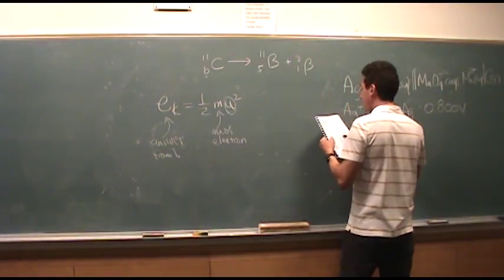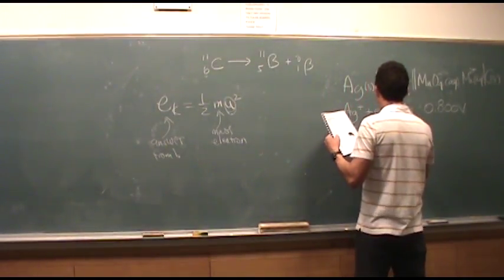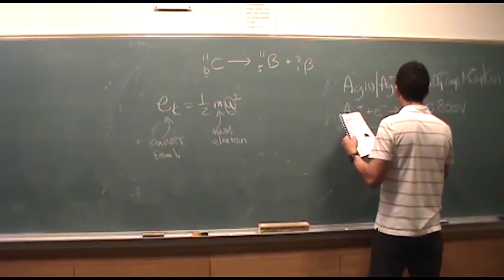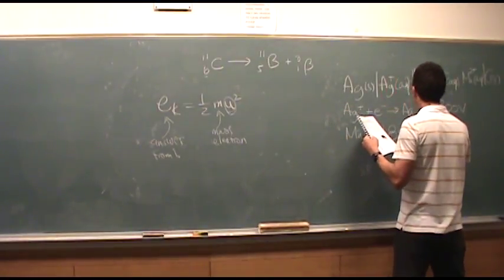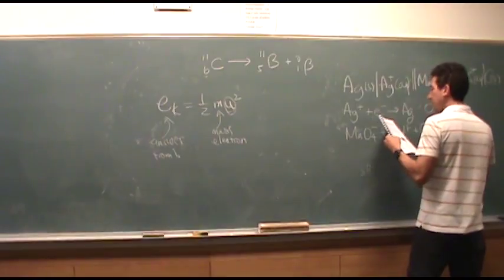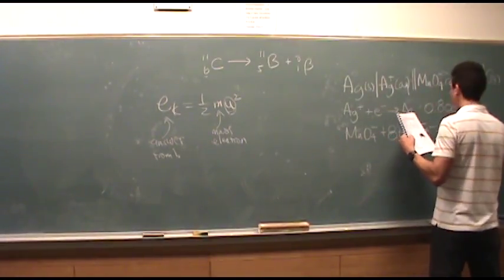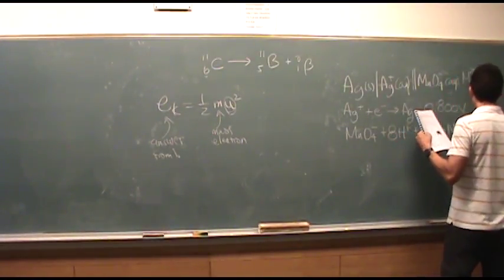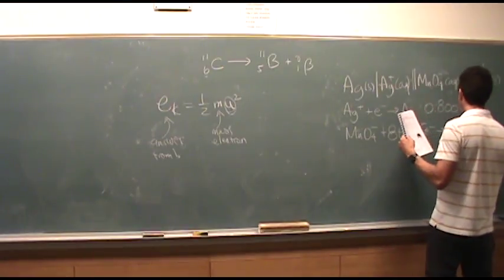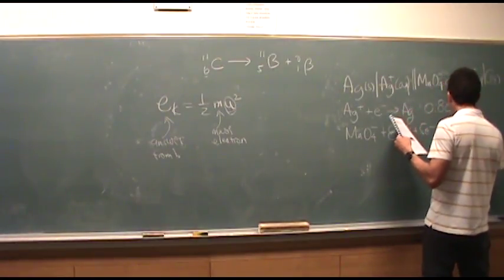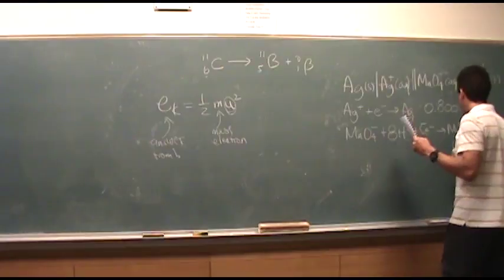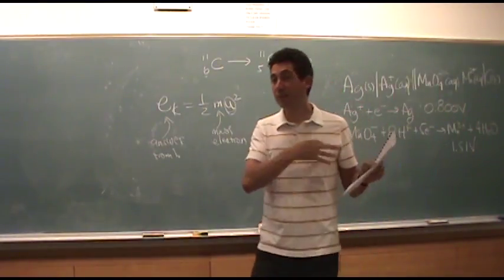MnO4. So I'm just copying this down literally from the table given on the exams. 8H+, 5 electrons, goes to Mn2+, plus 4 waters. And that voltage, though I don't think we'll need it, 1.51 volts. Okay? So that's just copy.